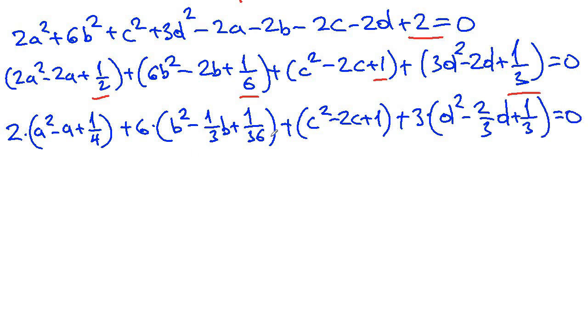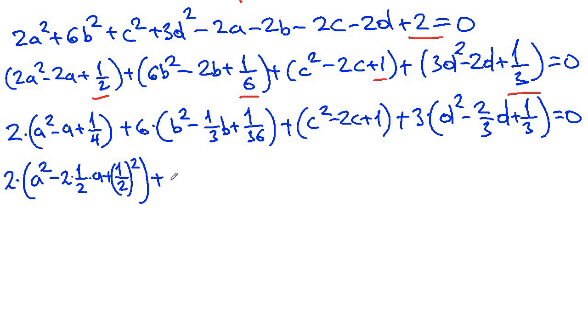Now to complete the square I need to continue to rearrange each bracket. Let me start again from the first bracket, 2 times. To complete the perfect square I need to express this minus a as 2 times 1 over 2 times a, plus 1 over 2 to the power of 2.